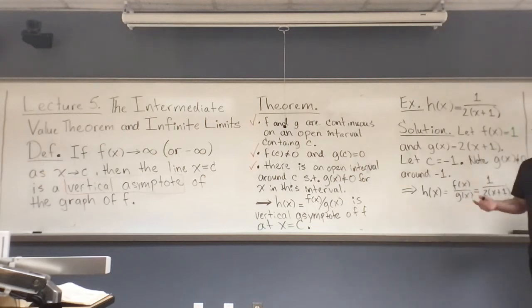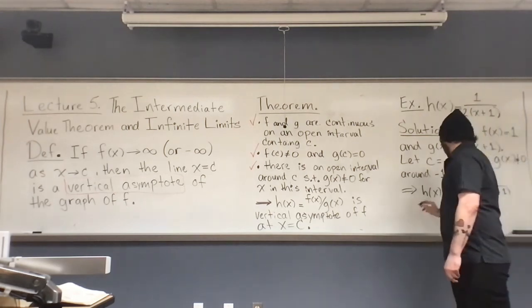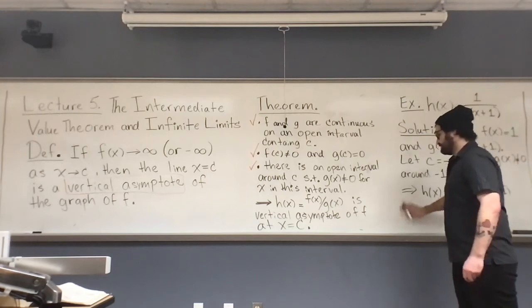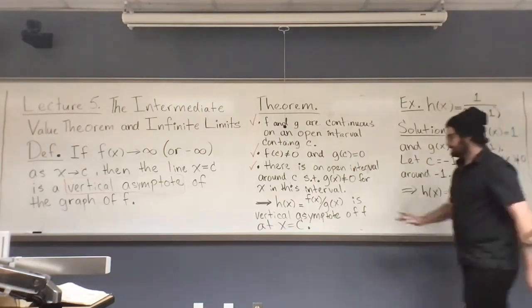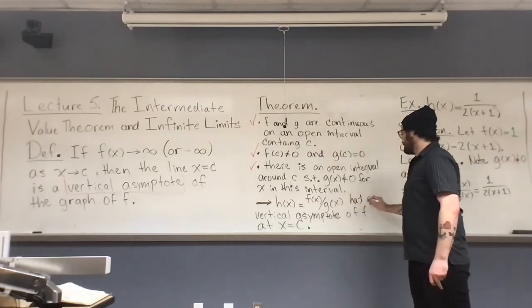Has a vertical asymptote at x equals c. Did I say that wrong? I knew it. It should be "has a vertical asymptote."